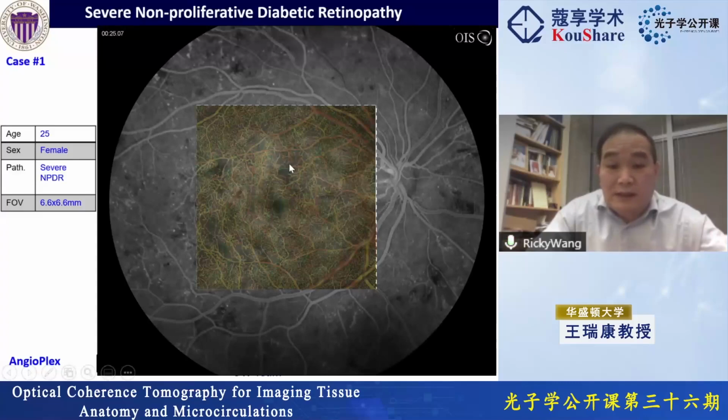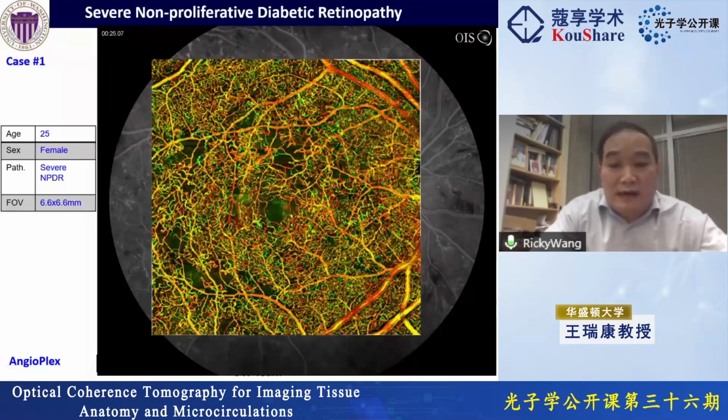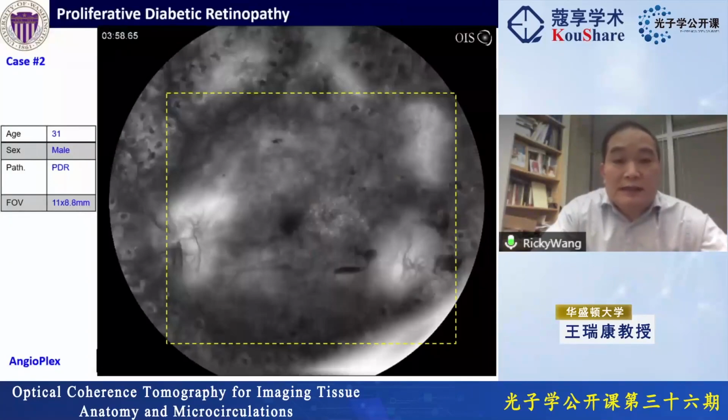You can see the vascular dropouts corresponding to the vessel leakage, right? And you can zoom in to look in detail at how the vasculature is related to the disease. Yeah, and this example is later stage diabetes.